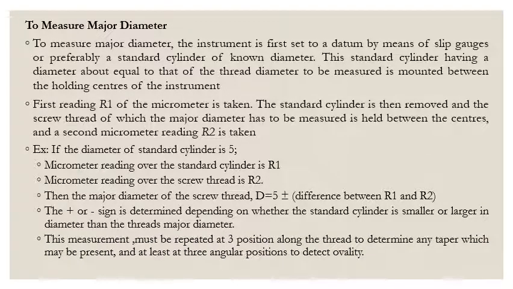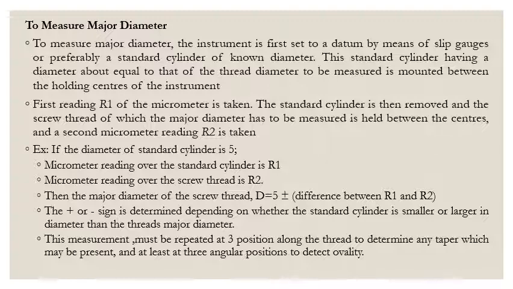This measurement must be repeated at 3 different positions along the thread to determine any taper which may be present, and at least 3 angular positions to detect ovality. Ovality or out of roundness is one of the important parameters which can be ensured by measuring at 3 different angular positions.